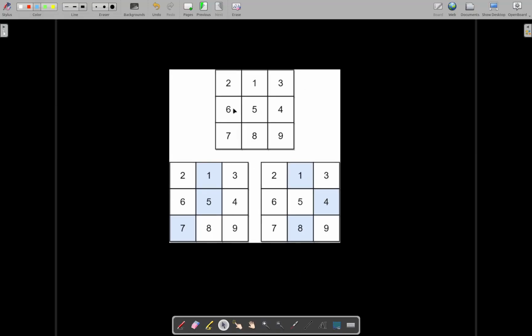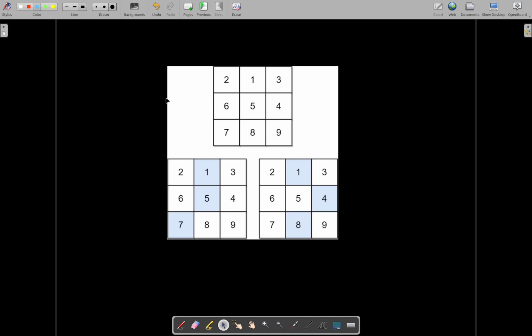Yeah, it's the same example. So let's say you are in this particular cell at present.